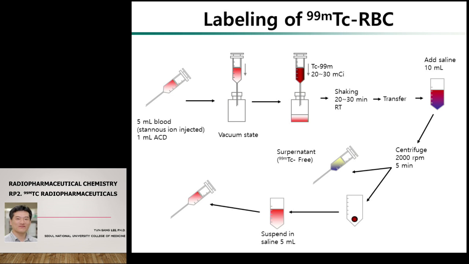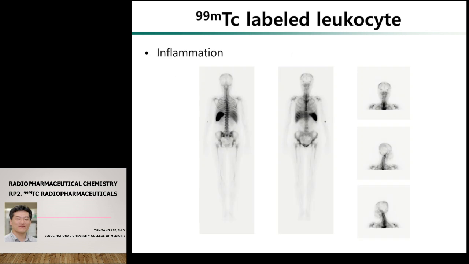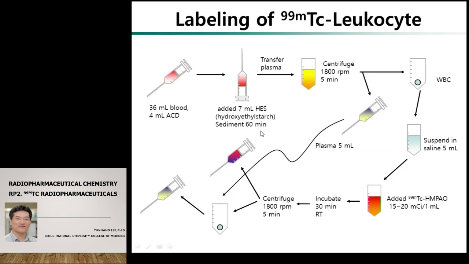Yeah, I think you made in-house preparation. There's no problem. We can see here that this one is technetium labeled leukocyte WBC inflammation imaging. So it is almost the same as RBC or leukocyte labeling.